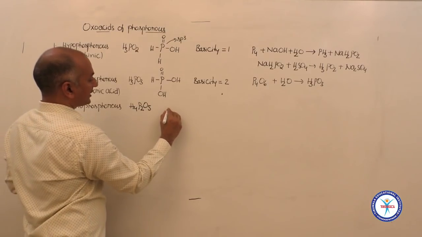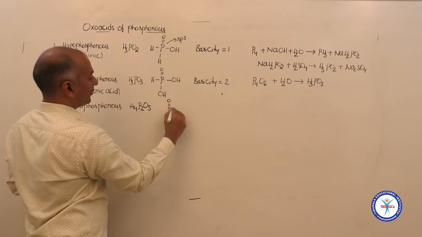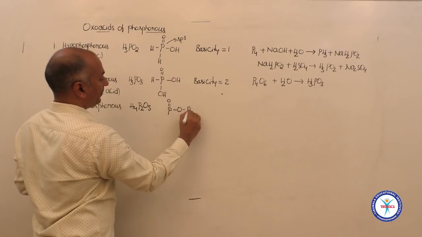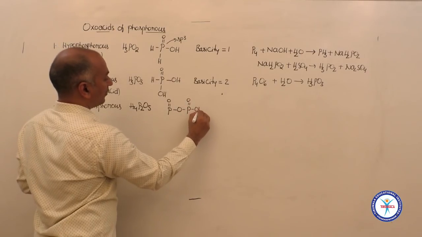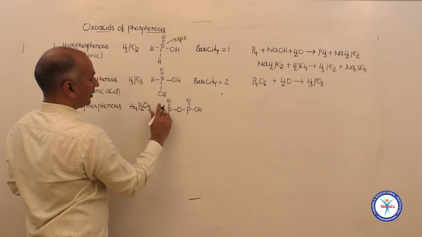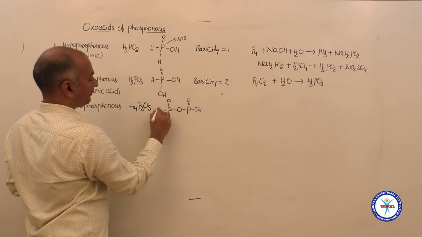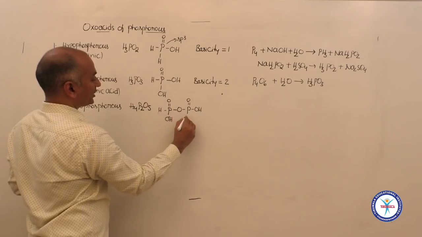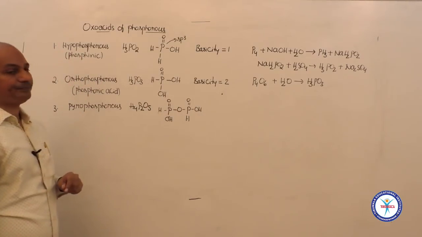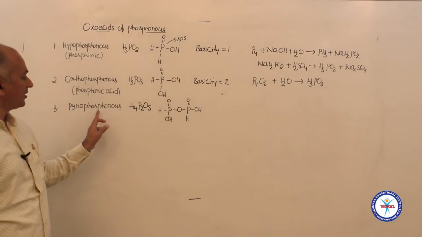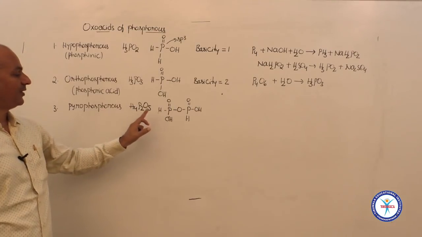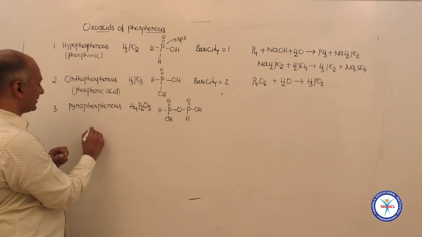And the structure of this acid is P double bond O, P double bond O, OH, H, OH. Now this is the structure of this pyrophosphorus acid. It is something like this.